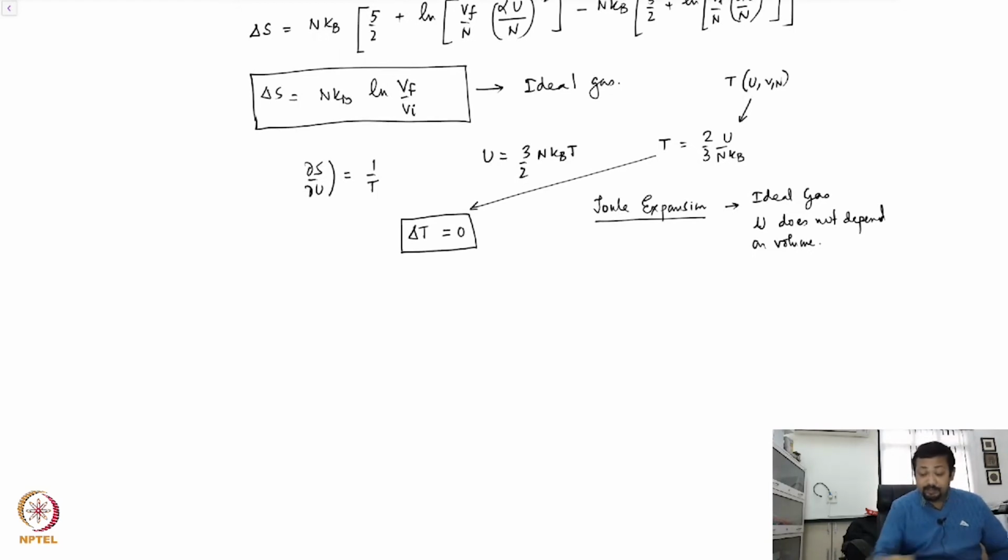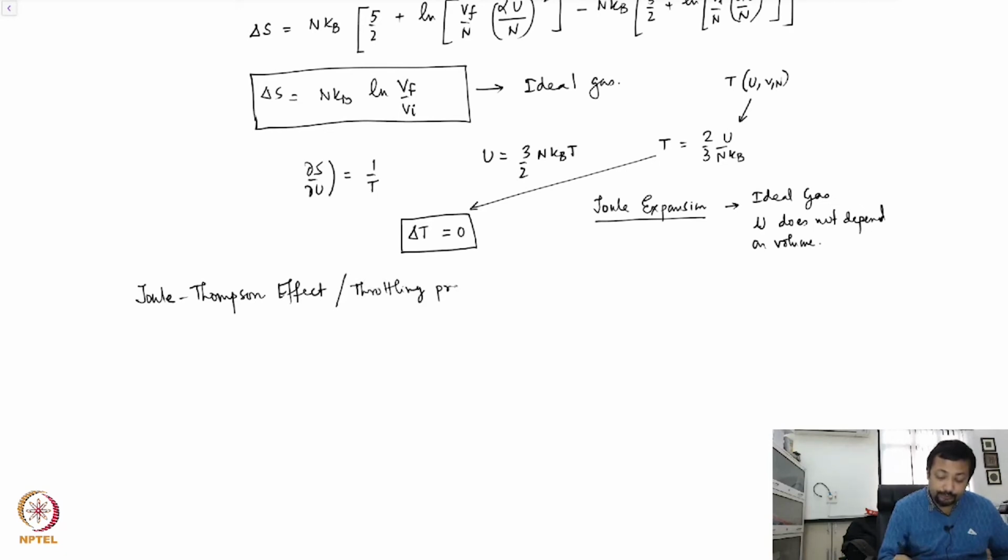A similar experiment is what is called the Joule-Thomson effect, which is also called the throttling process.